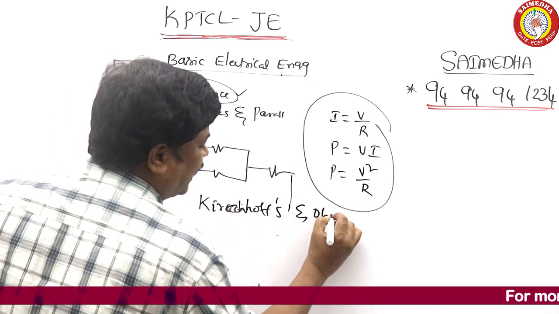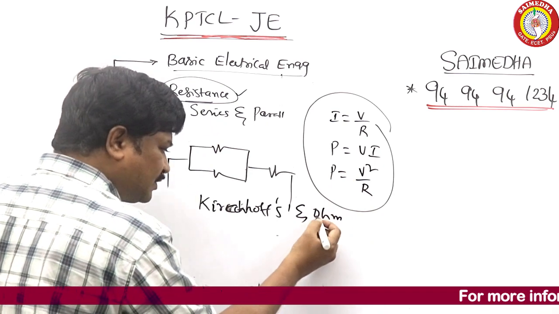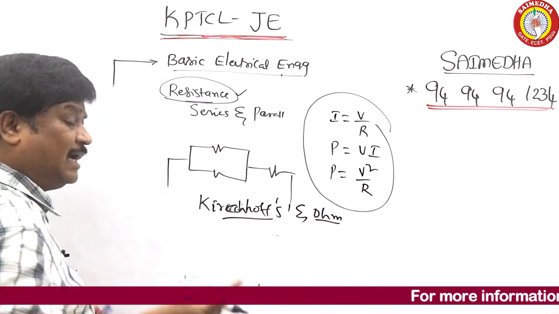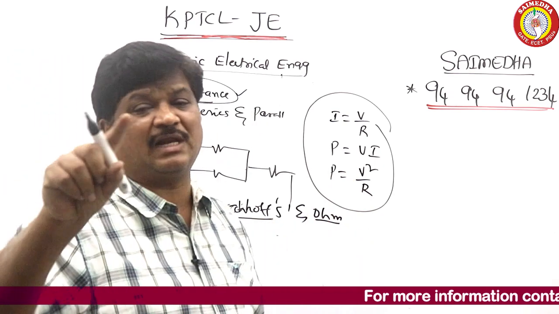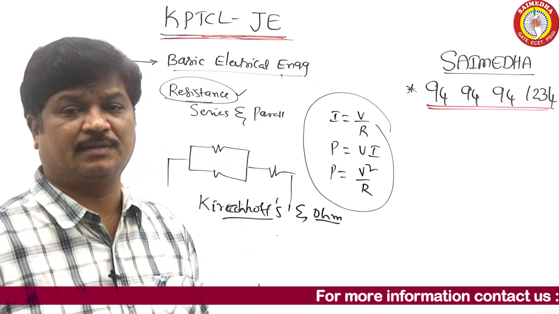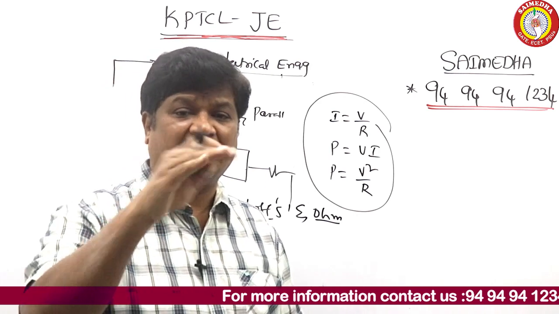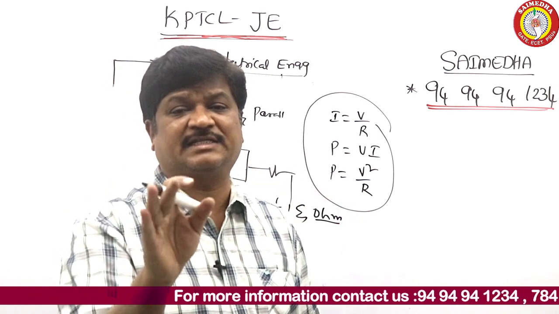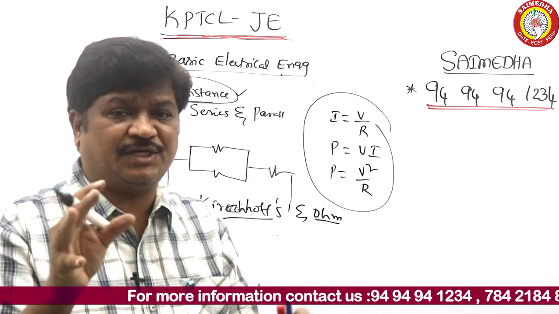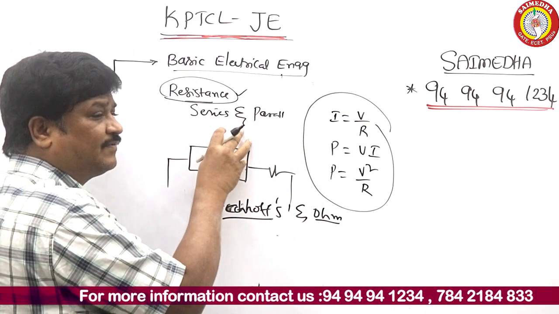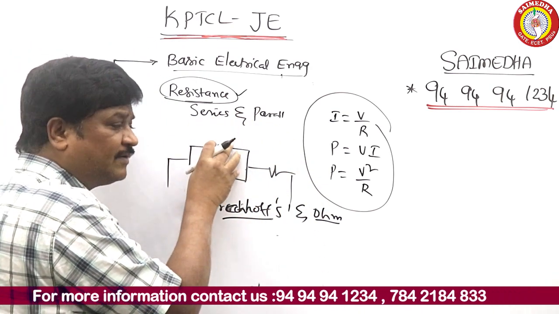Based on Ohm's law and Kirchhoff's law, there is a possibility of one theory question or otherwise a simple problem. So from this DC fundamentals, regarding the resistor, Ohm's law and Kirchhoff's law, bridge conditions, we can get two questions from here.